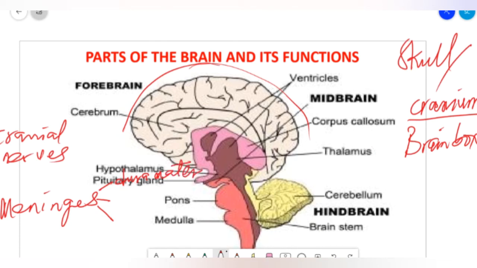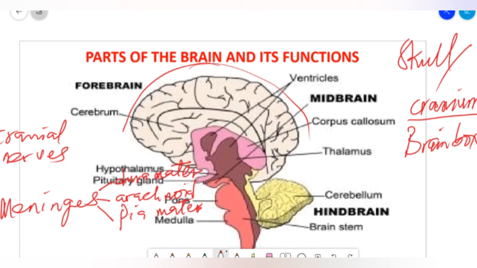The second one, which is the middle membrane, is called the arachnoid. The innermost membrane is called the pia mater. These are the three membranes that surround the brain.